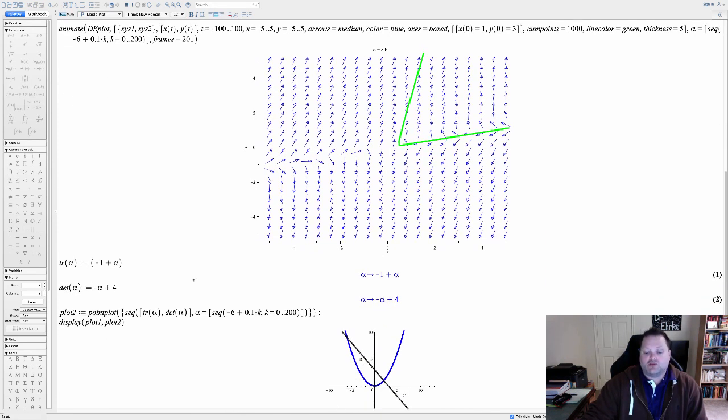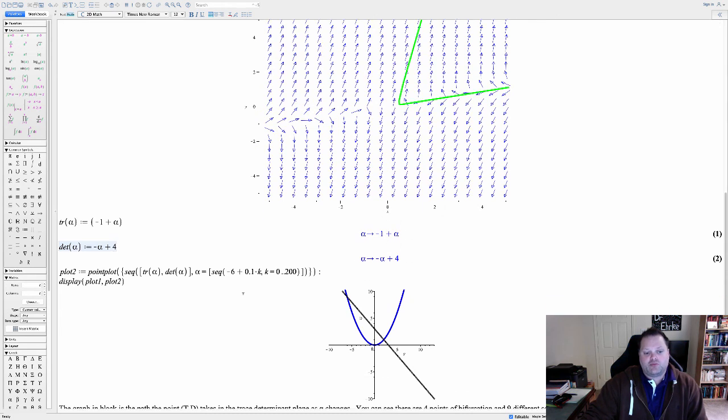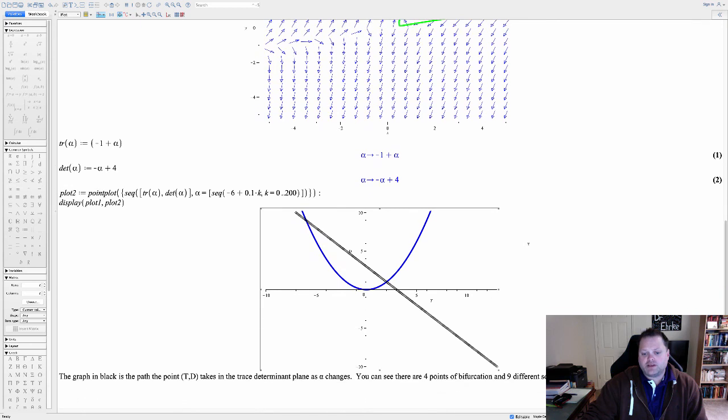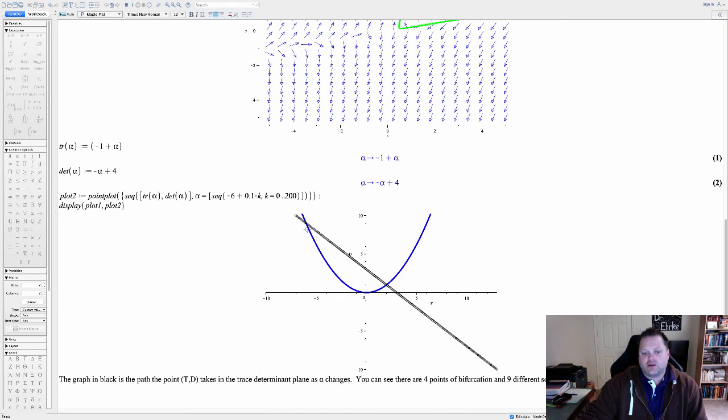If you want to get an even better picture, what I recommend you doing is create a function for the trace, create a function for the determinant. These are functions of the parameter alpha. Then plot a sequence of points where you've got different values of alpha. I've done that in this graph. What this graph is, it's a plot of the critical polynomial versus a sequence of points defining the trace and determinant.